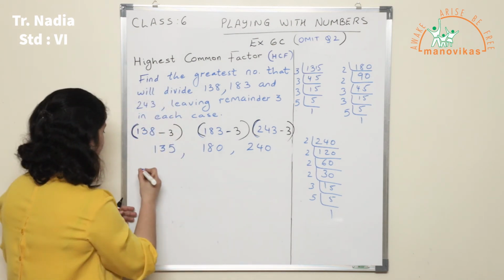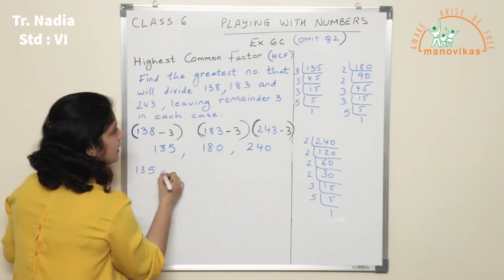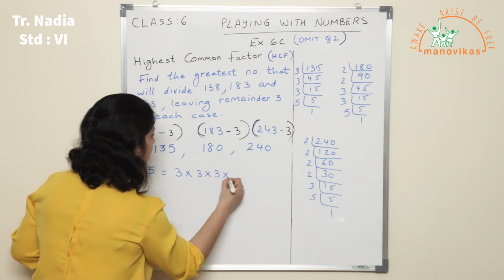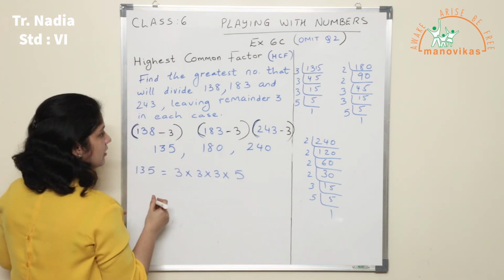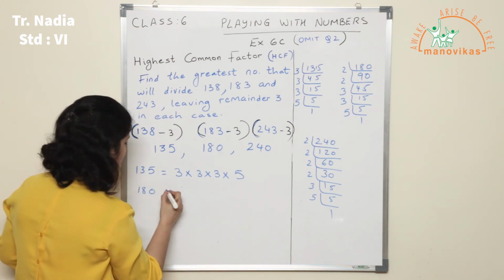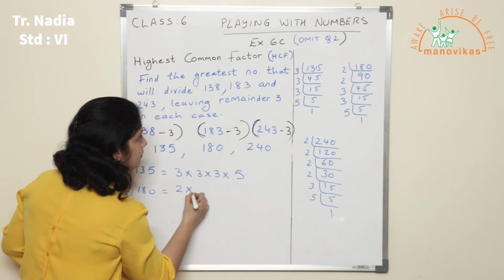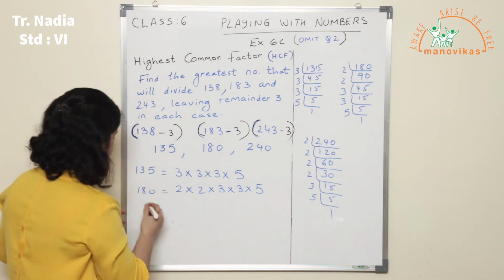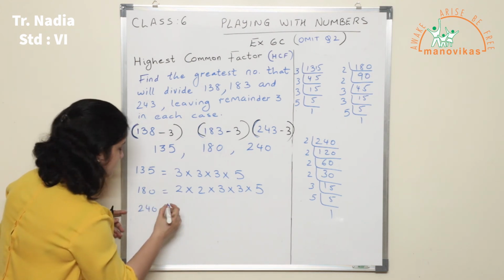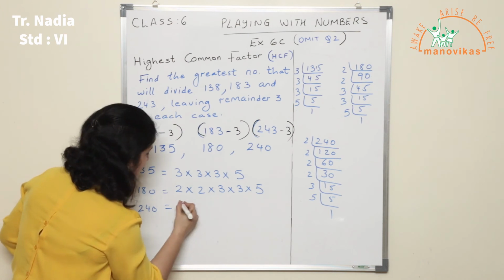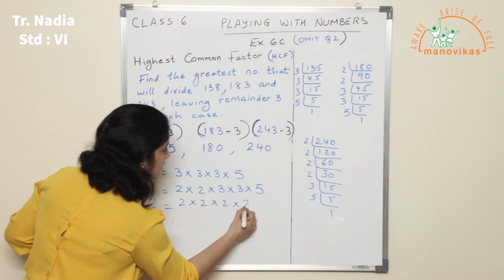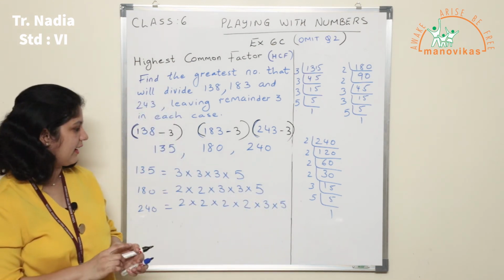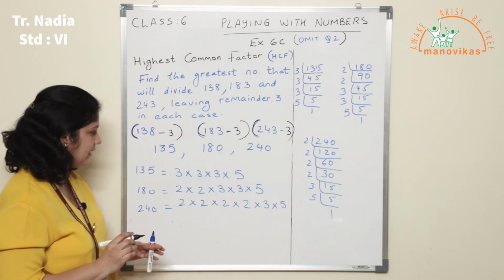So now let us just make a list of all the factors. 135 has 3 multiply by 3 multiply by 3 multiply by 5. 180 has 2 multiply by 2 multiply by 3 multiply by 3 multiply by 5, and 240 has 4 2s, 1 3 and a 5. Okay, so I made a list of all the factors. Now let us see what is common, because I need to find the HCF.